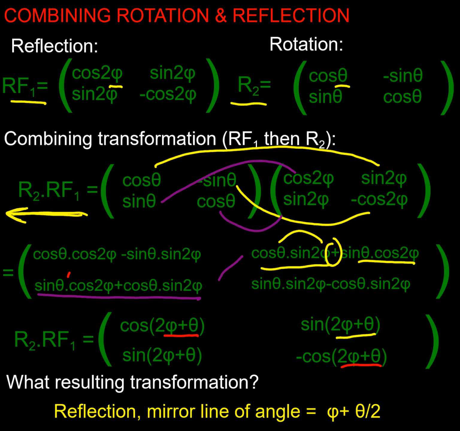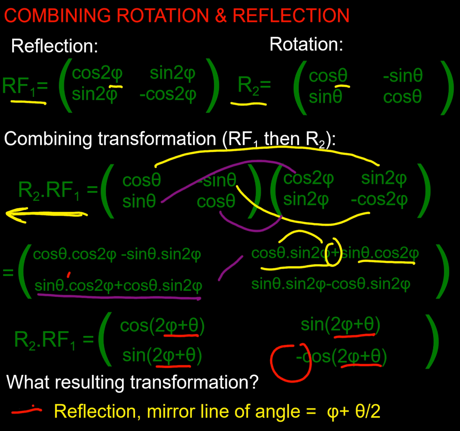Okay, so what does this all mean for me? Let's have a look at what I've got down here in the bottom. Is my final matrix. So all of them have got the same angle inside, 2 phi plus theta. Now I need to know whether it's a rotation or a reflection. So I go looking for the negative sign, and the negative sign is in the bottom right.